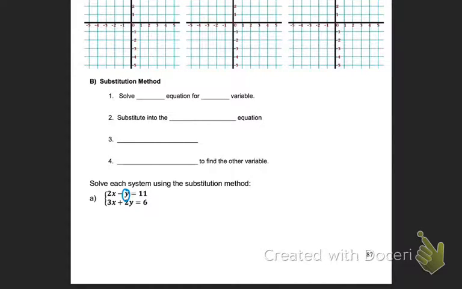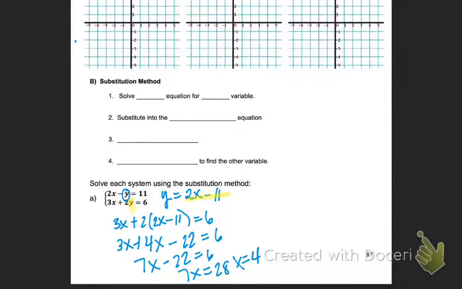So I'm going to solve for y in this equation. I end up getting y equals 2x minus 11. Now that I have what y equals, I'm going to plug it in for y here. So 3x plus 2 times (2x minus 11) equals 6. And from there, I'm going to solve for x. So I'll let you do that really quickly.